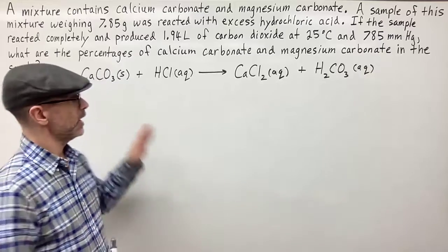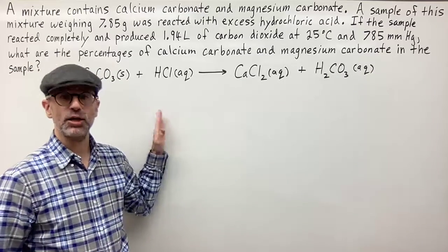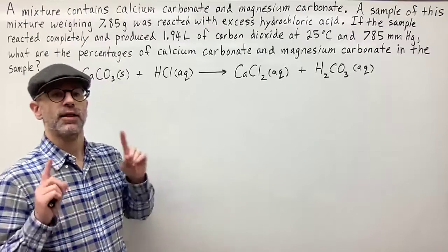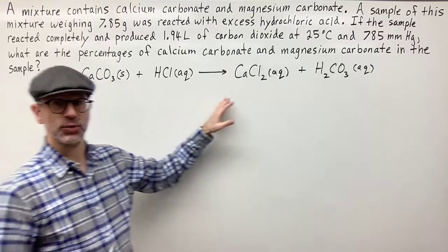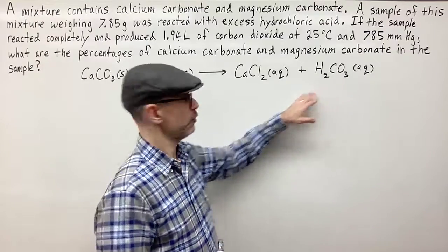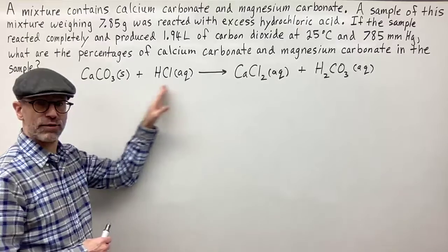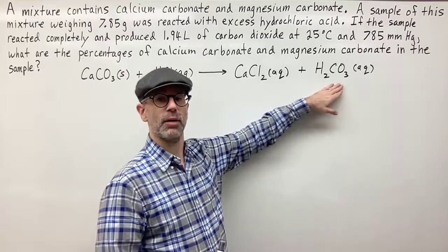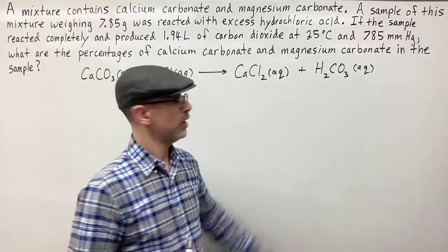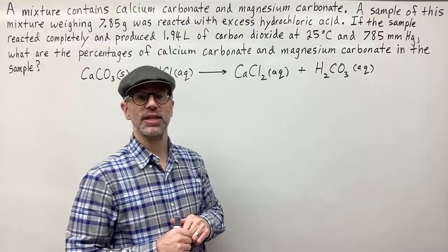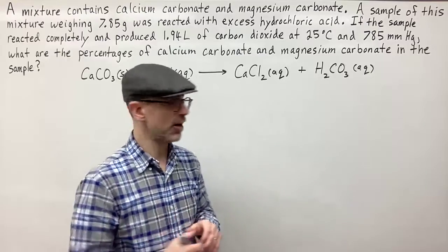If you stop here, you're probably wondering, where is the carbon dioxide? You have to recognize that if you start with a carbonate and you're reacting with an acid, you're going to get carbonic acid. And carbonic acid is going to right away decompose into water and carbon dioxide.